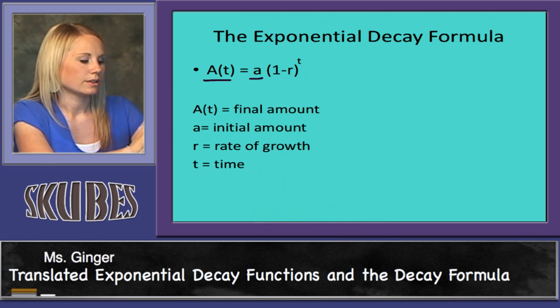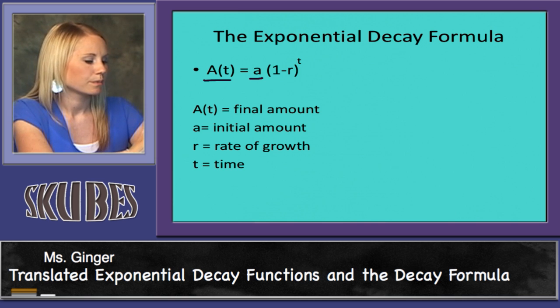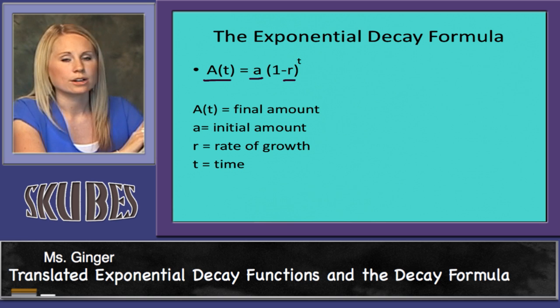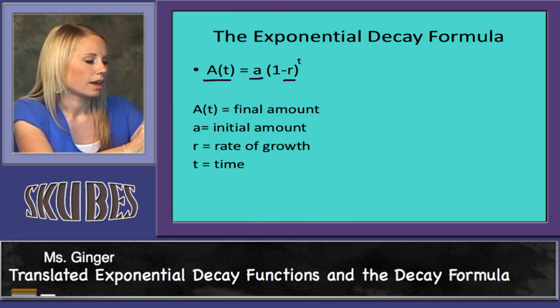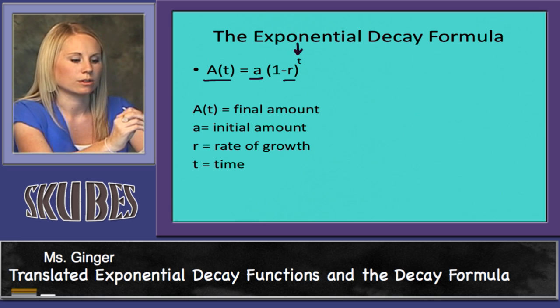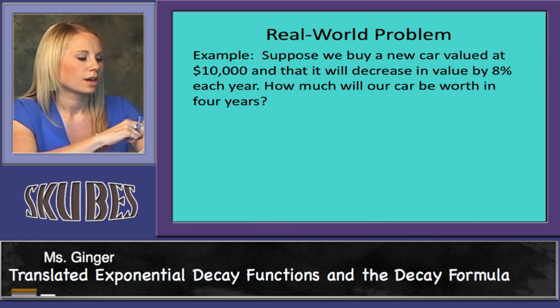The little a on the inside is going to represent our initial amount, the amount we start with. The r on the inside is our rate of growth, or actually it will be rate of decay for a decay formula. And then our t here is going to represent the time that we are looking at our problem covering.